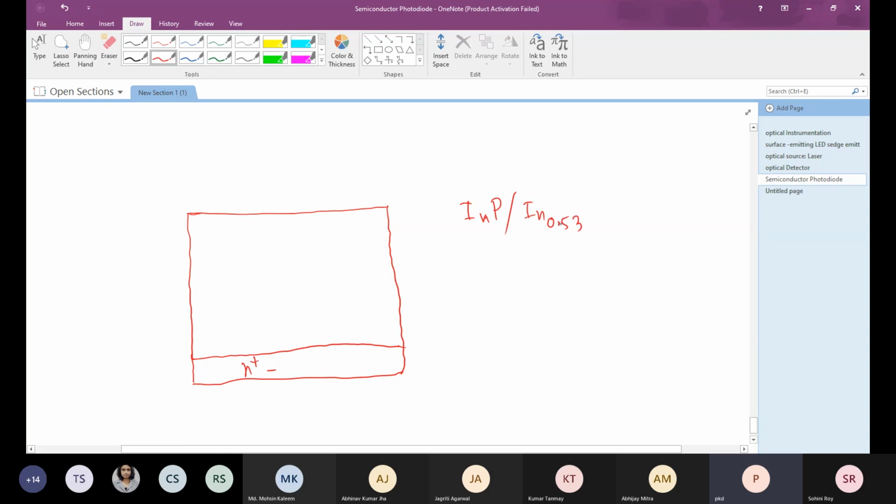Indium gallium arsenide detection performance is better compared to gallium arsenide or silicon in the infrared zone. Typically from 700 to say 2000 or 2200 nanometer or so, the response of indium gallium arsenide is available.